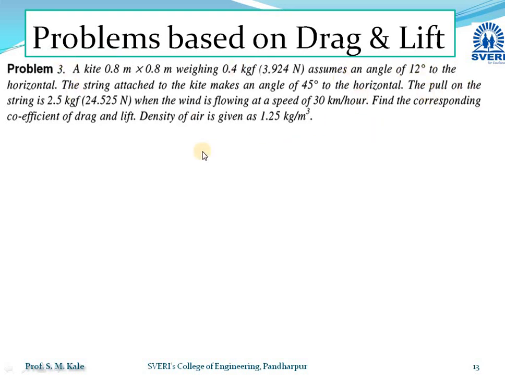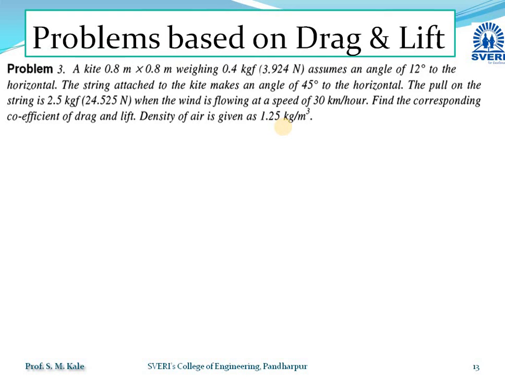The pull on the string is 2.5 kgf, that is nothing but 24.525 Newton, when the wind is flowing at a speed of 30 km per hour. Here we have to find the corresponding coefficient of drag and lift if the density of air is given as 1.25 kg per meter cube.